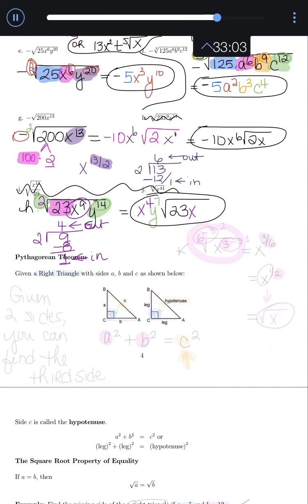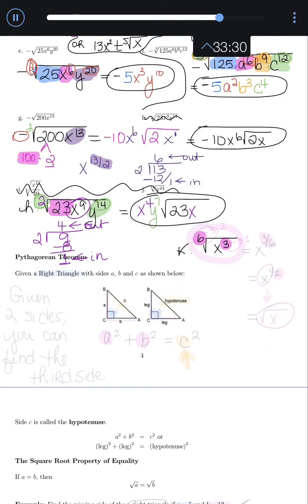Now, i and j are also very similar. Let's look at a different one, actually. I'm going to make one up. Let's talk about k here. What if I have, let's say, the 6th root of x cubed? Now, for this one, notice we've got 6 and 3. 6 doesn't divide into 3 because it's too big.